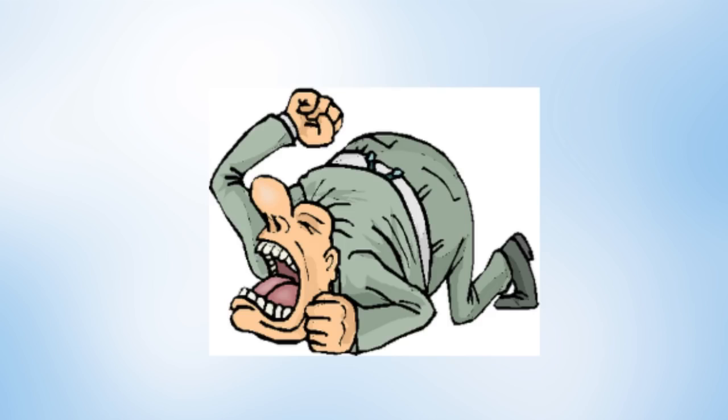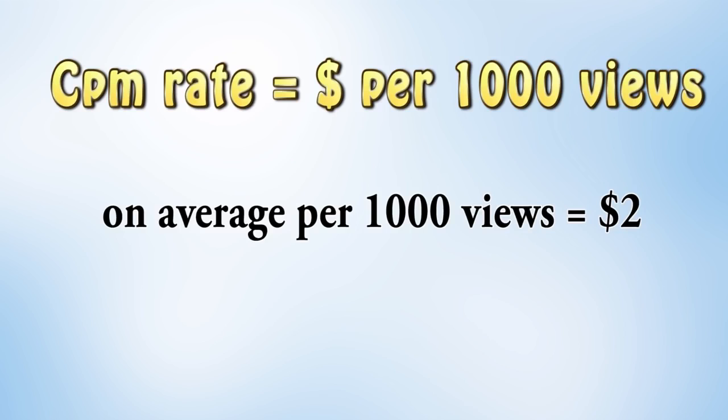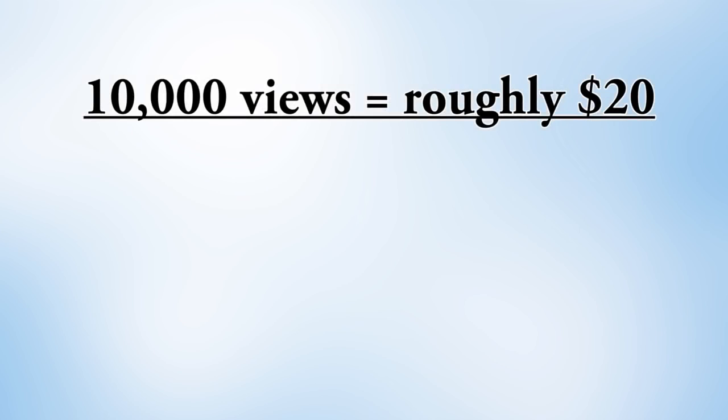Although this might sound really disappointing, let me just help you put it into perspective because it's not as bad as it sounds. The average CPM based on your YouTube channel, so this means the average money you get per 1,000 views on your YouTube channel, is usually around $1 to $2 per 1,000 views. So that means that if you have to wait until you hit 10,000 views, you're literally missing out on about $20.